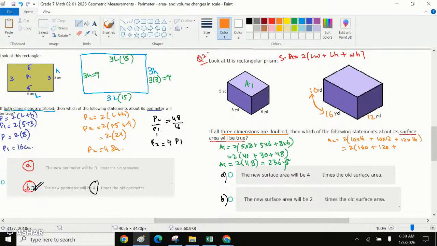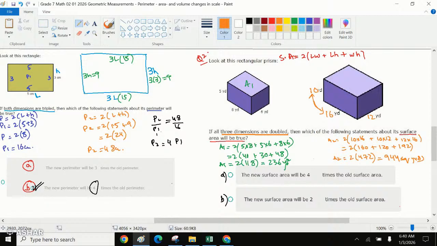And 16 times 12 should be 192. So when we add 192 plus 120 plus 160, right? It comes out to be 472. And 472 multiplied by 2 is 944 square yards. This is area 2.